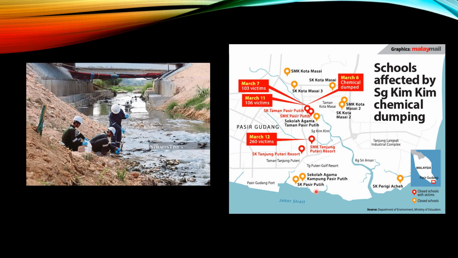It was believed that there were chemicals in the air coming from chemicals that had been dumped in rivers. So this is an example of an environmental health issue, meaning you have a group of people that are affected because of the environment.